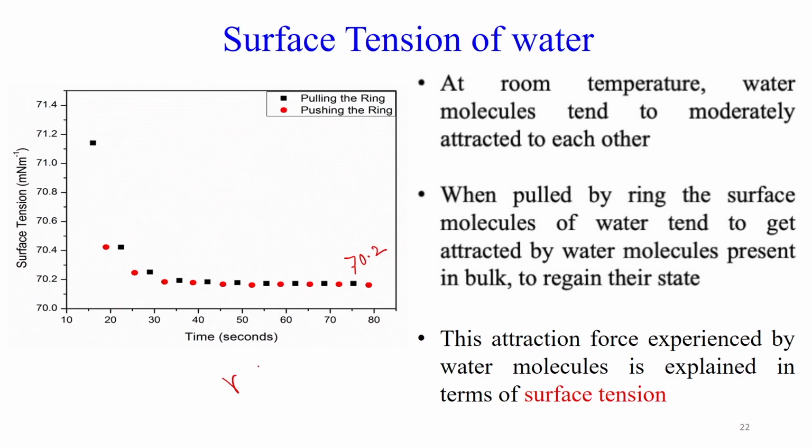As intermolecular forces vary with the temperature, surface tension also depends on the temperature. So, if you are measuring experimentally, the experiment should be performed at a constant temperature, and the measured or estimated surface tension is reported as the observed interfacial tension at a particular temperature.